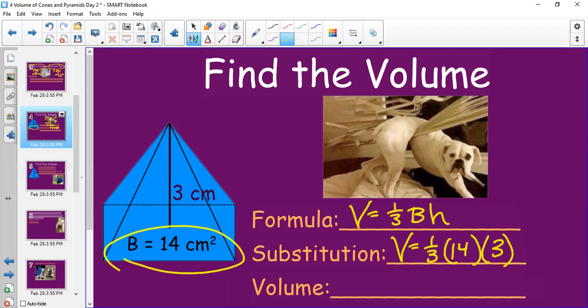I could multiply 1/3 by 14 first, but if I multiply 1/3 by 3/1 first, notice we have a 3 on top and a 3 on bottom, so they cancel out, and I'd just be left with 14. Remember from yesterday, we labeled this the unit cubed. So 14 centimeters cubed would be our answer on this one.